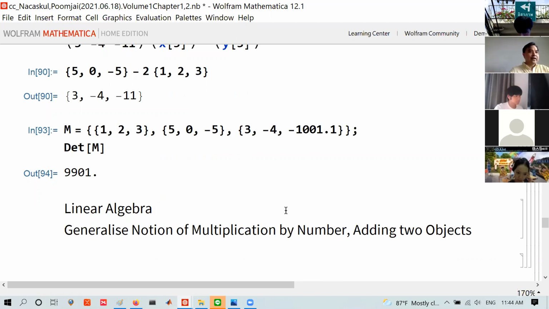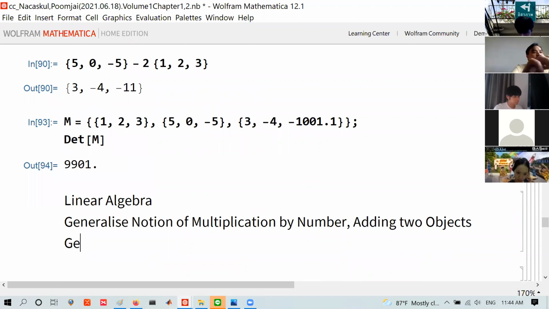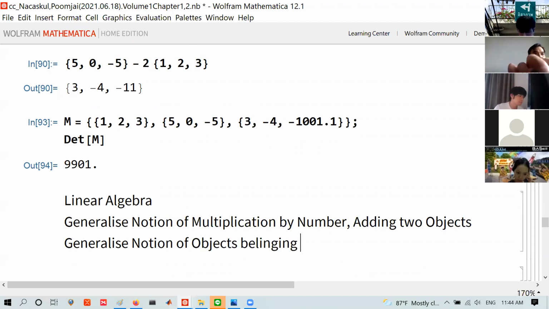So that's algebra, okay? So that's linear operation. You generalize the notion of objects belonging to the same class.